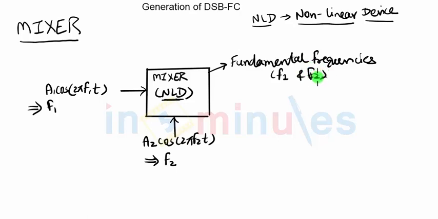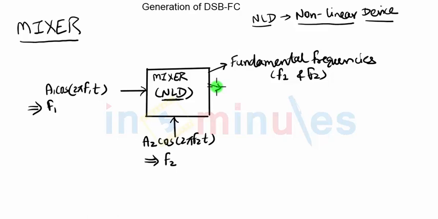So the original signals cos 2 pi f1t and cos 2 pi f2t will come at the output side. Their amplitudes might be different, not original amplitudes a1, a2, but the frequencies will be f1, f2 at the output side. This is the first component of the mixer.